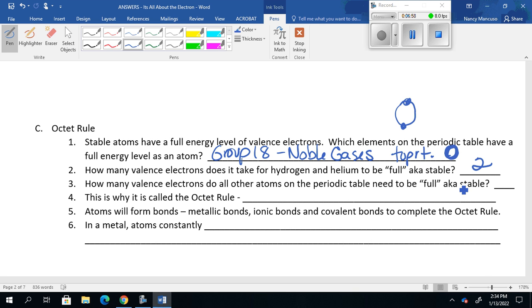So everybody in group 1 going down, they all end in a 1. Everybody in group 2 ends in a 2. And we go over and we look at group 18. What does it mean to be full? They all end in the number 8. So the octet rule, I like to say 8 is great.